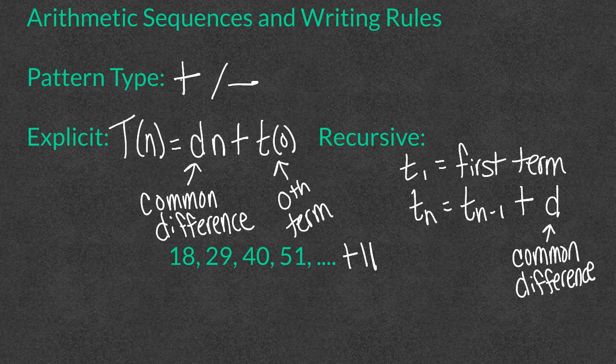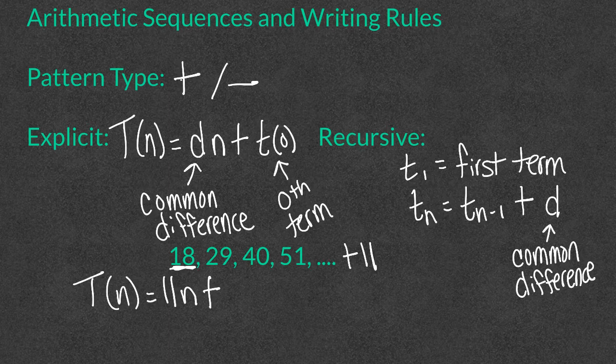So now to write the explicit rule, I'm going to start off with T of n equals my common difference, which we found to be 11 because that's what I'm adding, times n plus, now I need term 0. Whenever you're given a list of numbers, the first number is always going to be the first term in the sequence.